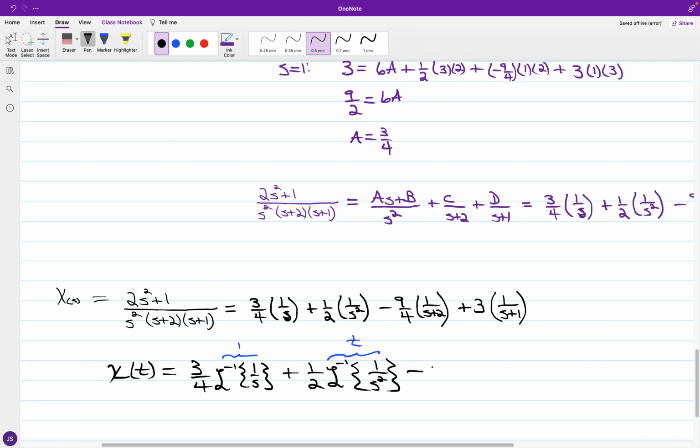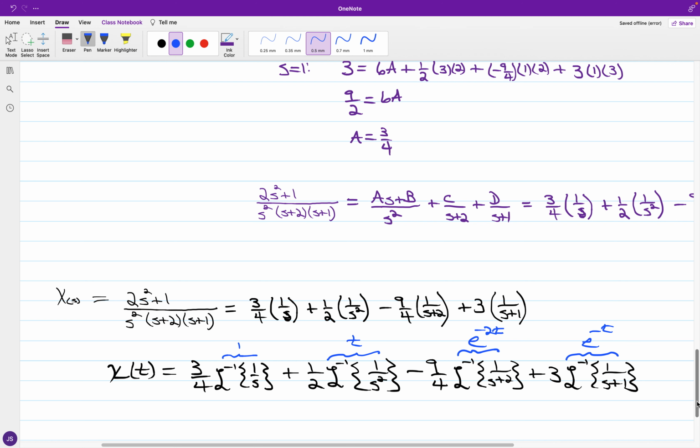And for -9/4 of the inverse Laplace transform of the reciprocal of s plus 2. Okay, and in this one, we're going to have e to the -2t. Then we have plus 3 times the inverse Laplace of the reciprocal of s plus 1. And that one we will have as e raised to the -t.